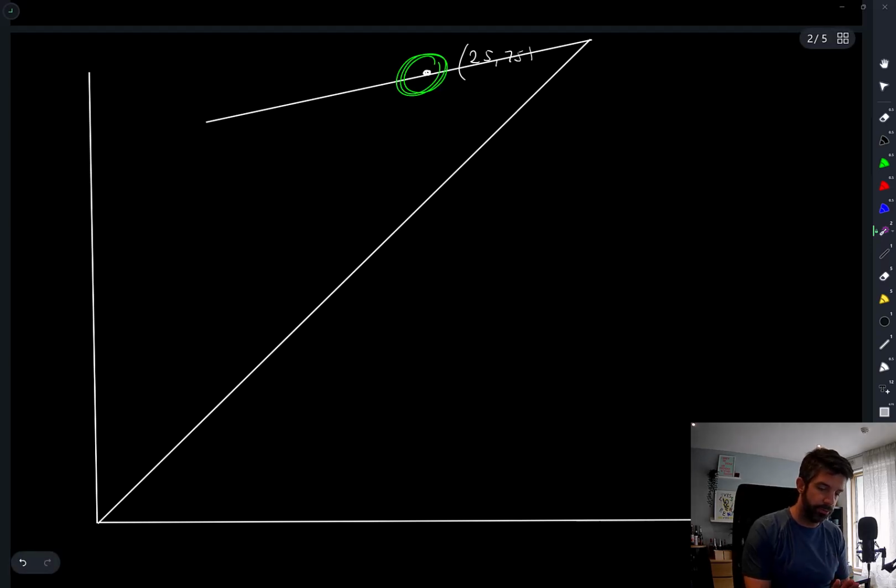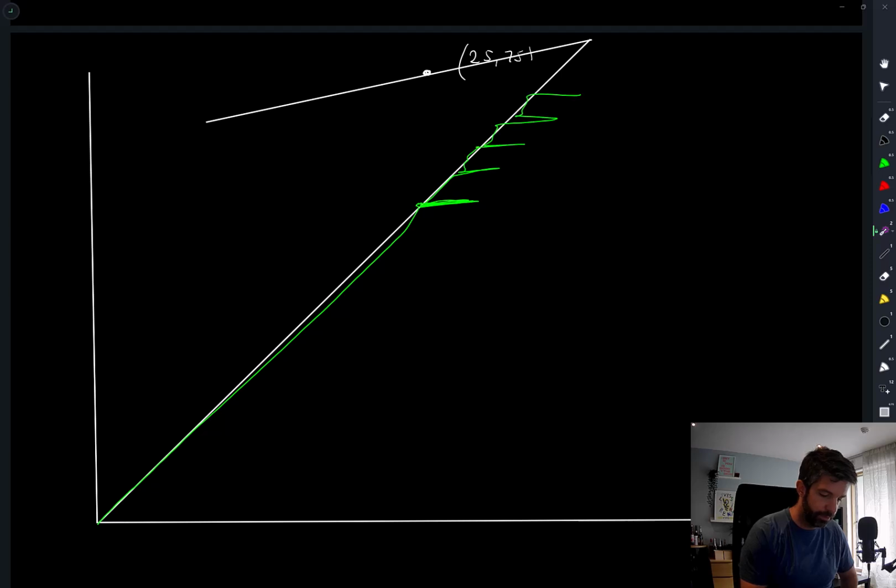Your target is at a steeper slope than that. So you never want to move in the first direction. As soon as you take a move in the first direction, you're never helping yourself. You're always getting farther away.